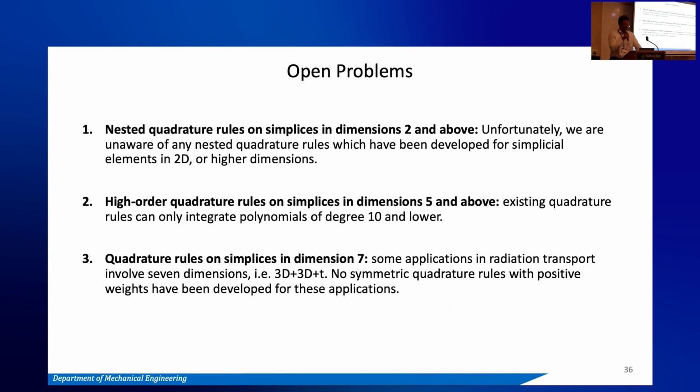And as far as we know, there are no custom quadrature rules in dimension 7, and it turns out there are some interesting applications in dimension 7. I can't speak to dimension 8, but for dimension 7, I think the previous authors quit just one dimension too early. So there are some opportunities there to potentially construct some quadrature rules on 7 simplices.